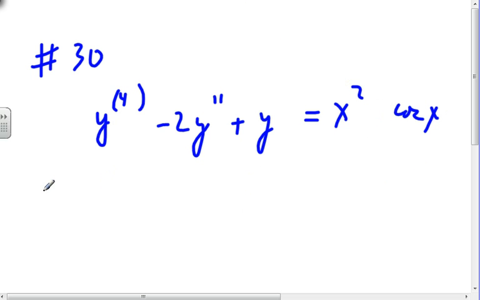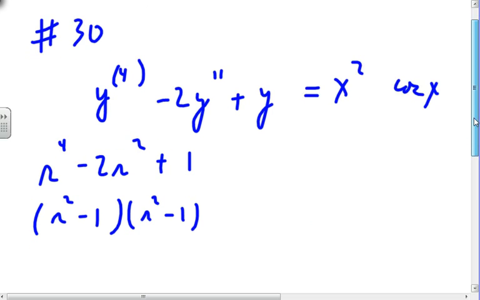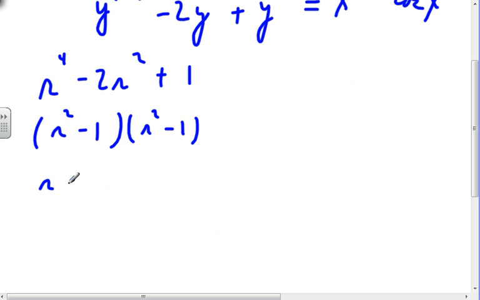Okay, so this guy's got a characteristic equation r^4 minus 2r squared plus 1, and that's going to factor as r plus 1, r minus 1, right? No, it's not going to factor that way. It's going to be like that, and then I'm going to have r plus or minus 1, r plus or minus 1. So r is going to have roots plus or minus 1, plus or minus 1.